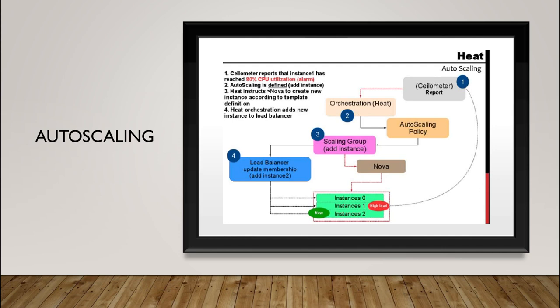Not only will it add the instance, it will also add that instance to the load balancer, so that the load balancer has it as a backend instance and can distribute the load among these three instances and bring your load below the threshold. This is how your auto scaling works.